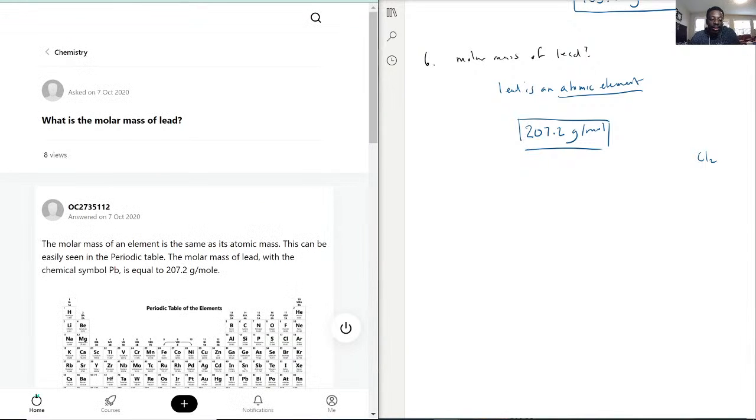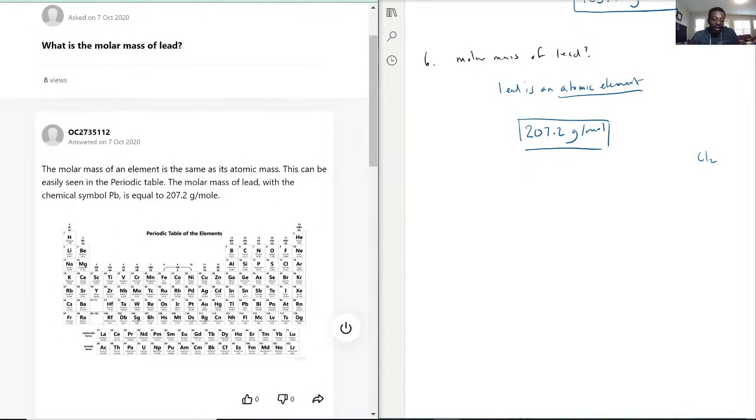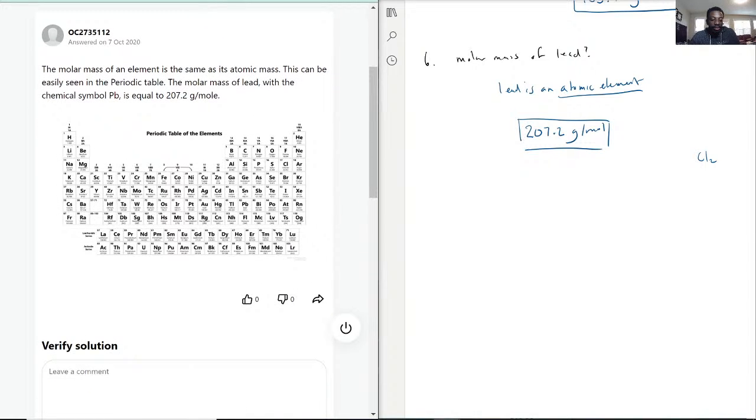But yeah, so 207.2. Exactly, because they just took it straight from the periodic table. And the key thing is because lead is an atomic element. Okay, so this is also correct.